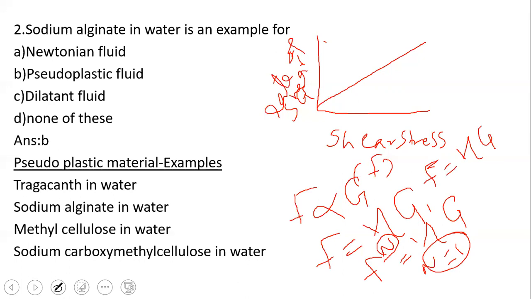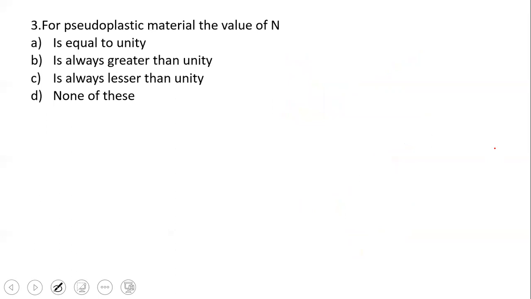Next question. For pseudoplastic material, the value of N: option A, equal to unity, option B, always greater than unity, option C, always lesser than unity, option D, none of these. We have seen that for Newtonian fluid, the value of N is 1. But for pseudoplastic material, the value of N is always greater than unity.